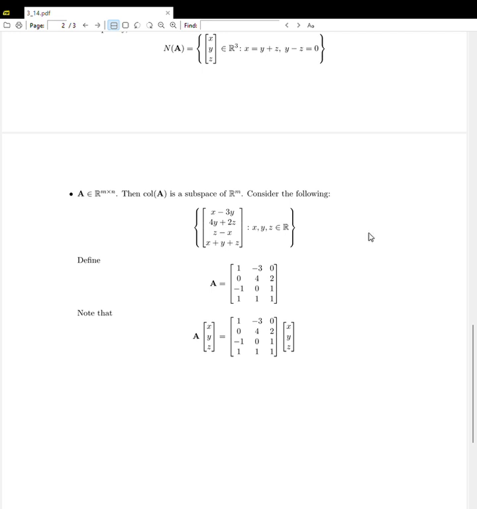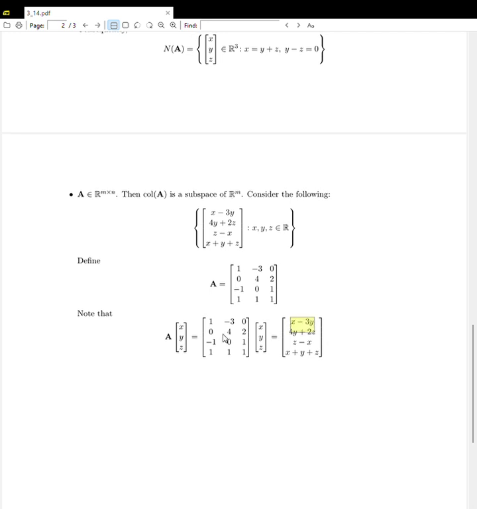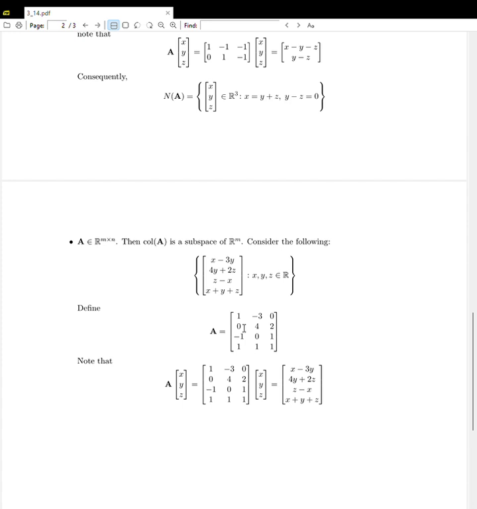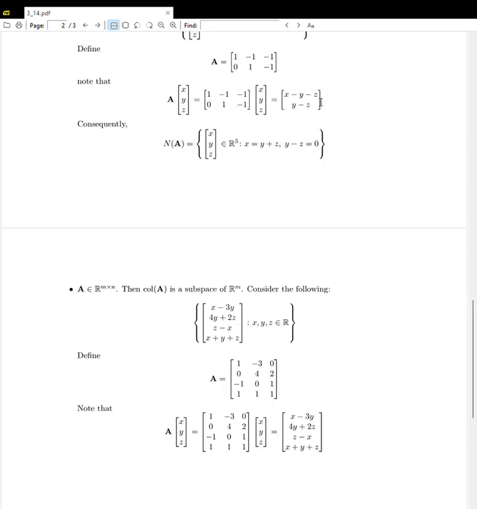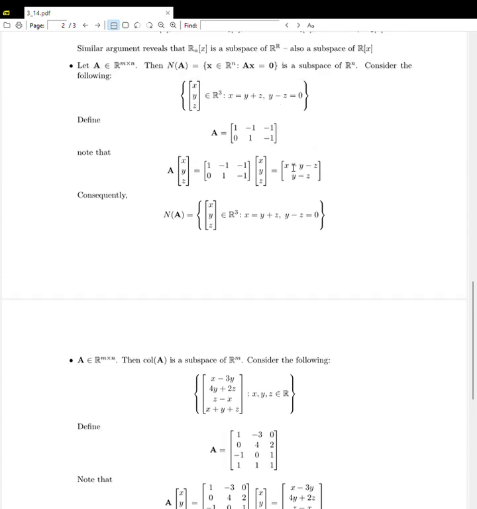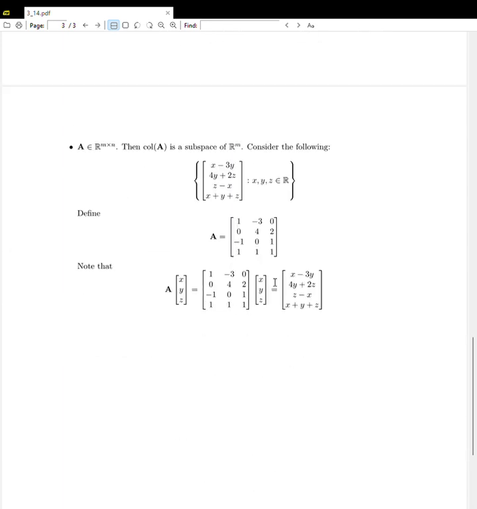Right, so indeed, write it out. Row 1 dotted with column 1, so it would be 1 times x plus negative 3 times y plus 0 times z, giving me that equation there. And similarly, you do that for the second row, the third, and the fourth, and you'll get all of those. And hey, that lines up with that exactly. Now, before we created these things, with those equaling 0, they lined up with these fundamental equations there.